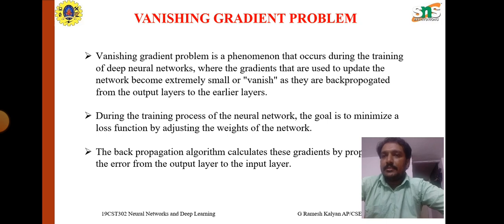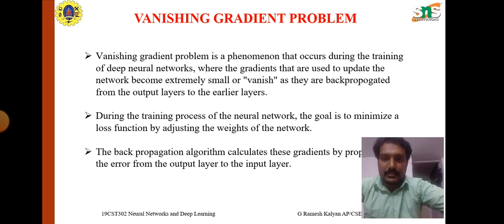Initially, vanishing gradient problem is a phenomenon that occurs during the training of deep neural networks, where the gradients that are used to update the network become extremely small or vanish as they are backpropagated from the output layers to the earlier layers.